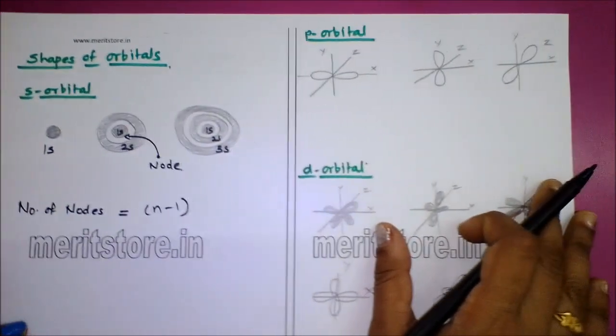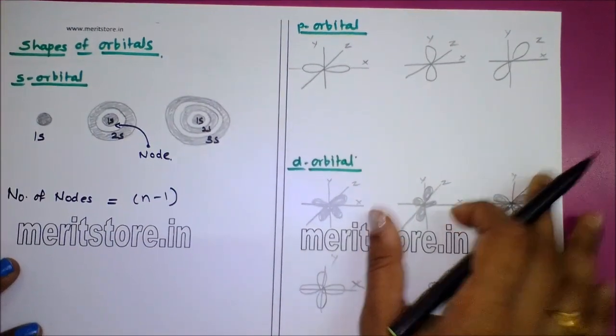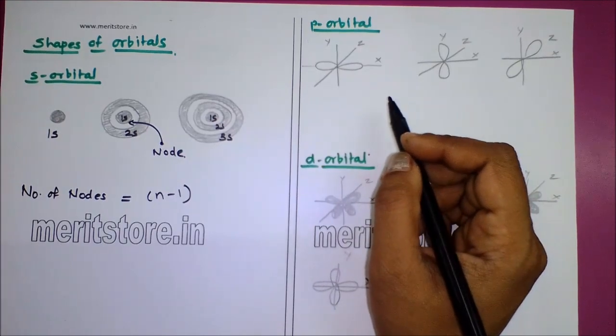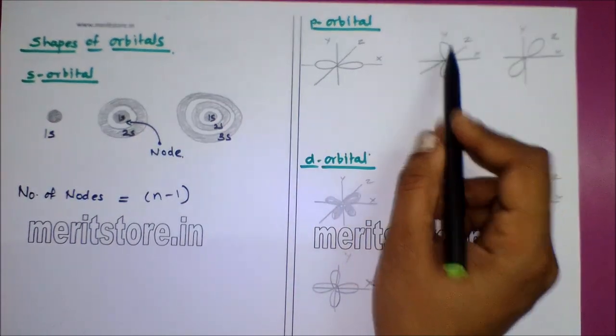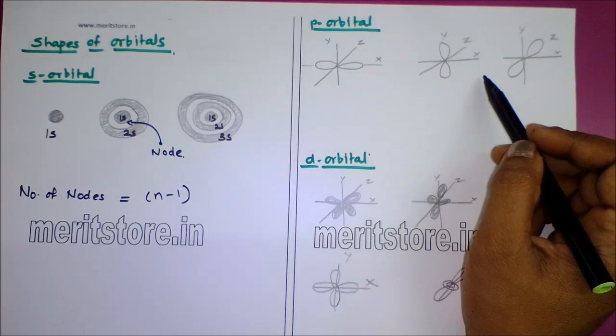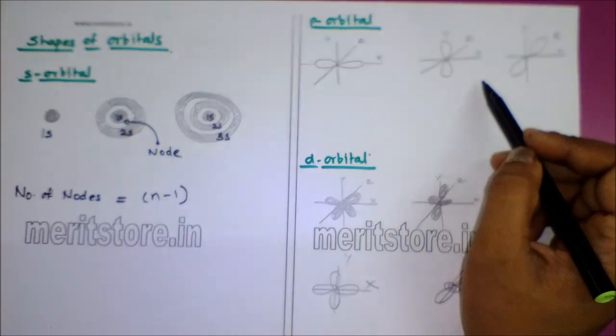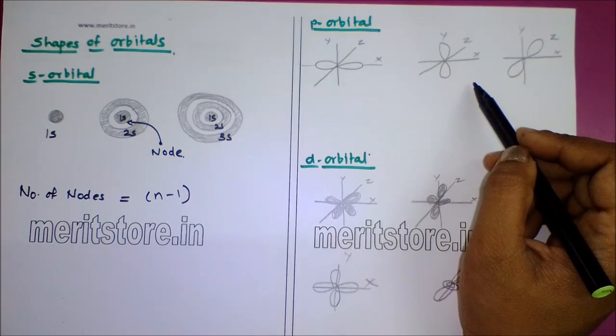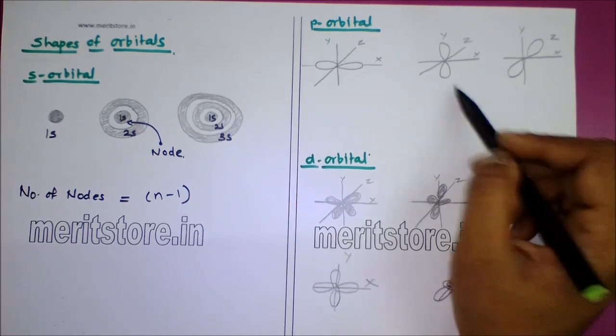Similarly, the p has 3 different orientations. These 3 orientations are Px, Py and Pz, and they are mutually perpendicular to each other. These orbitals consist of two lobes placed symmetrically about a particular axis and have a dumbbell shape.